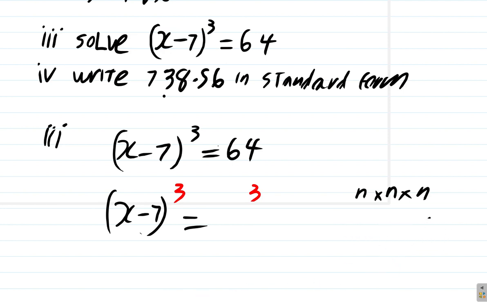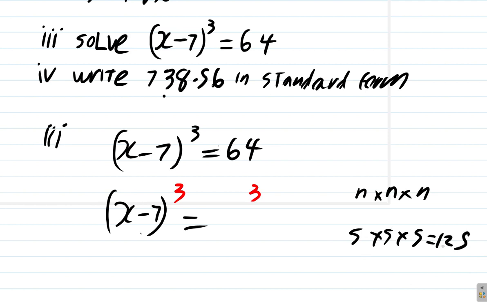So, let's try 2. 2 by 2 by 2. 2 2's 4, 4 2's 8, not 64 again. Let's try 3. 3 by 3 by 3. 3 3's 9, 9 3's 27, not 64. I wonder which number that could be. Suppose we try 5. 5 by 5 by 5. 5 5's 25, 25 5's 125.